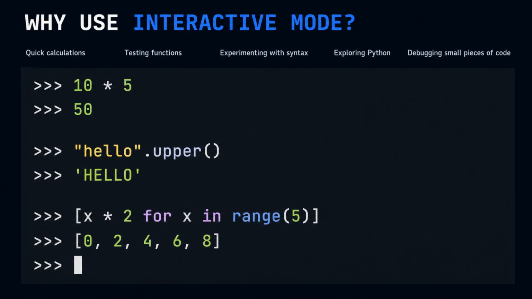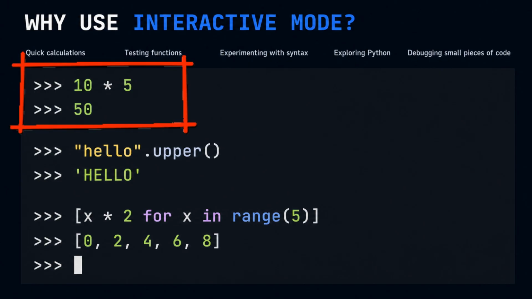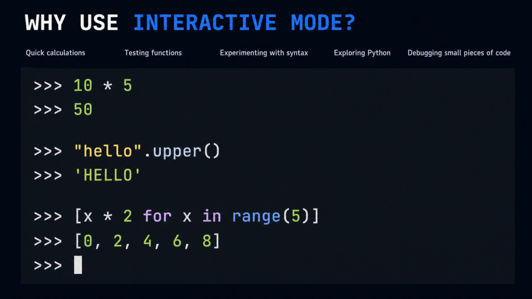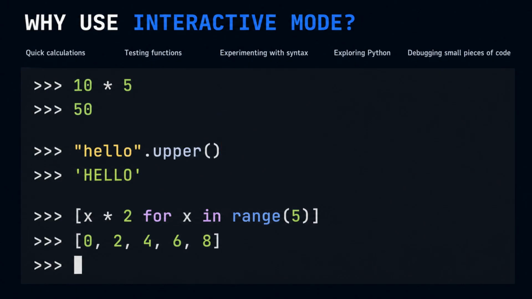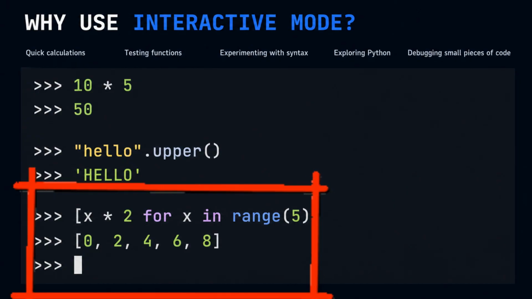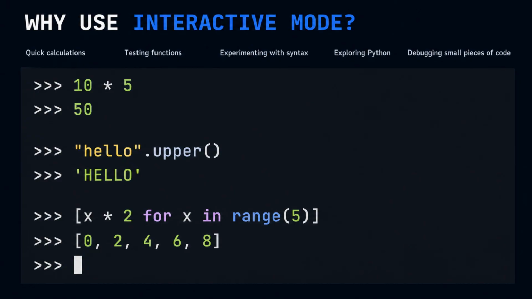For example, we can try 10 multiplied by 5. Or "hello" dot, open and close parentheses. Or even a list comprehension. You can experiment with Python and immediately see the result.